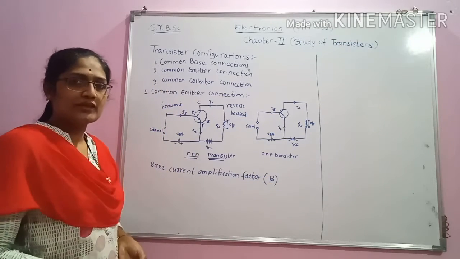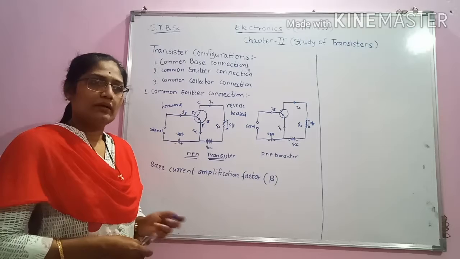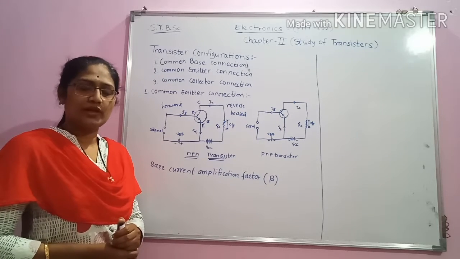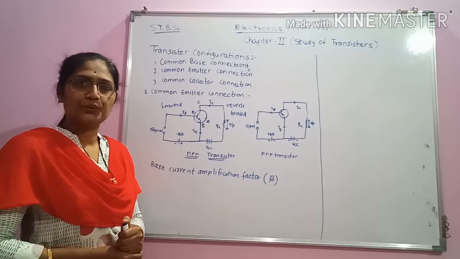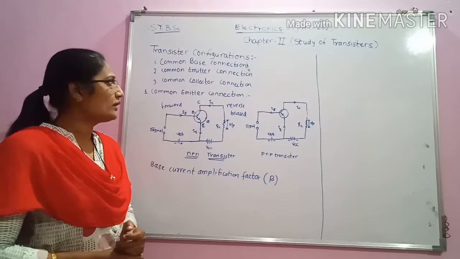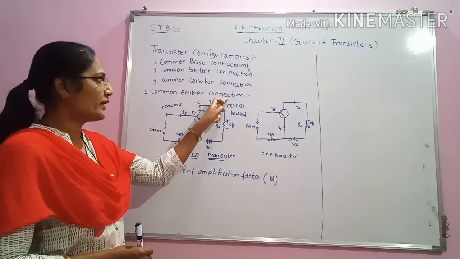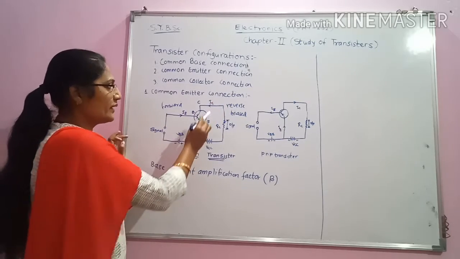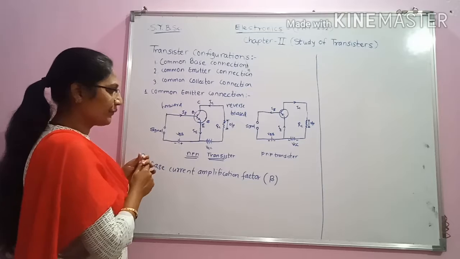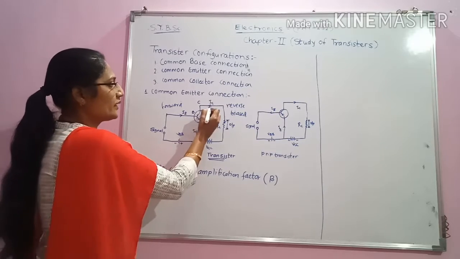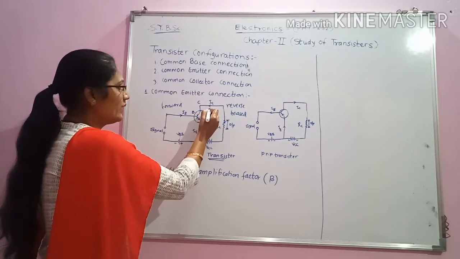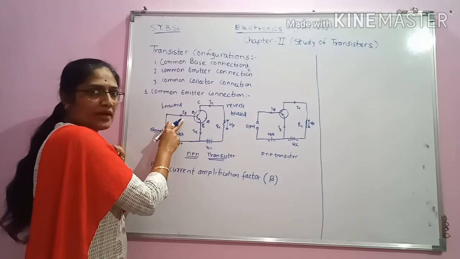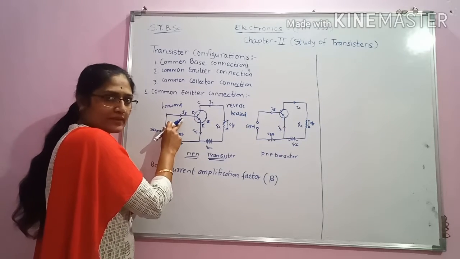In our last lecture we have seen that gain of a transistor is nothing but the ratio of output current to the input current. In the case of common emitter connection, if we observe this figure or the circuit, then its output current is nothing but IC, that is collector current, and input current is nothing but IB, that is the base current.